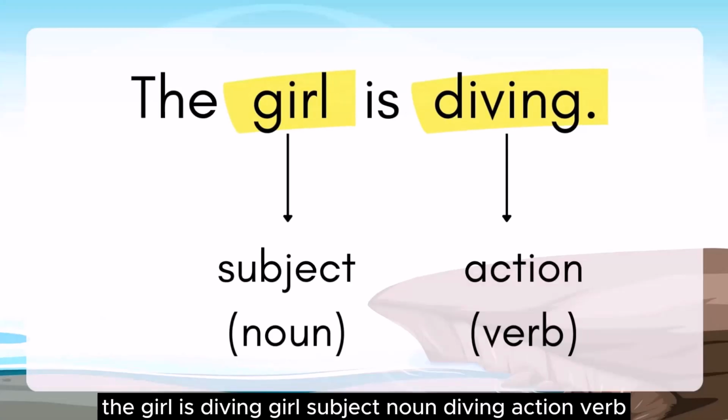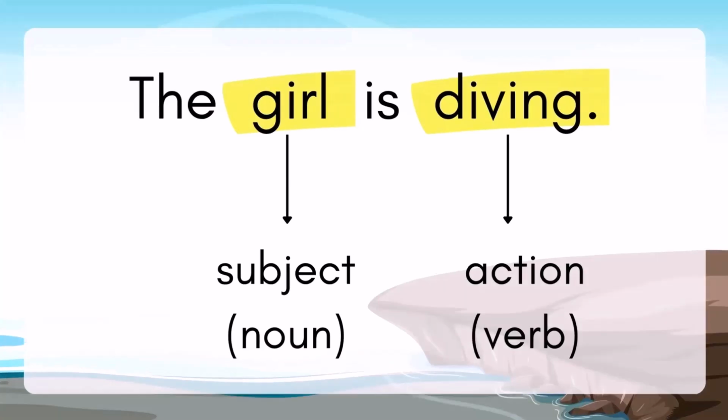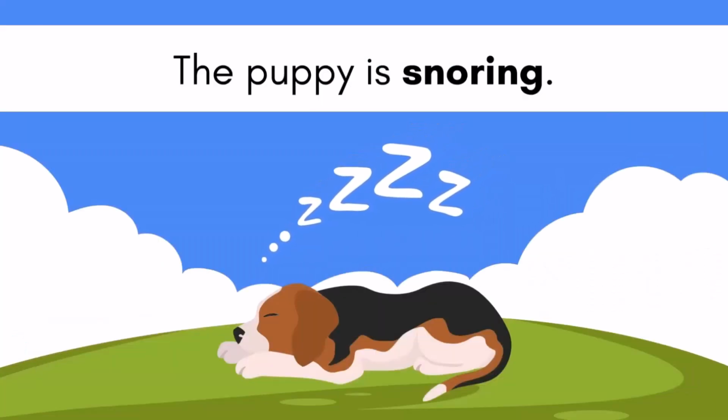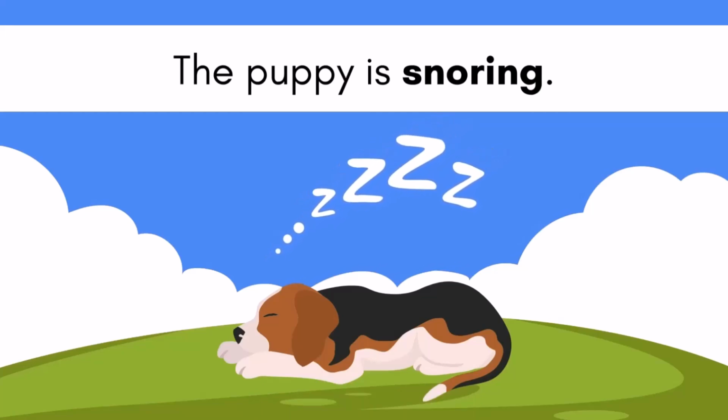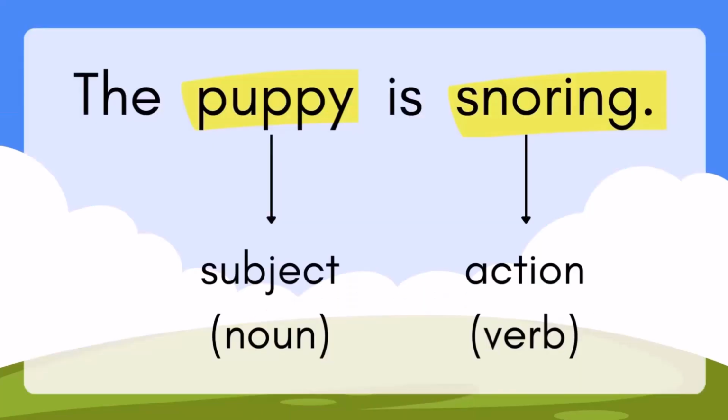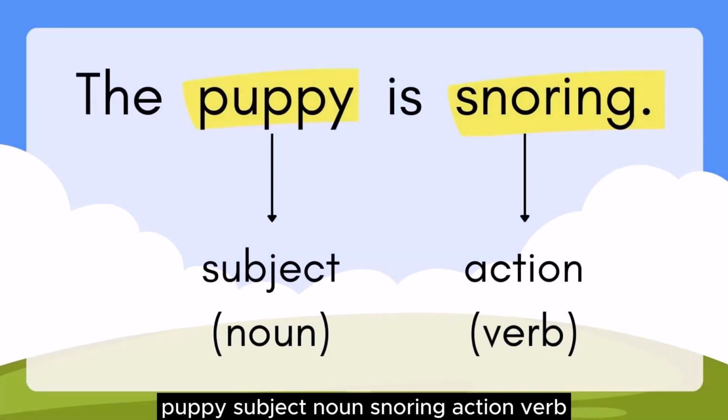Subject. Noun. Diving. Action. Verb. The puppy is snoring. Puppy. Subject. Noun. Snoring. Action. Verb.